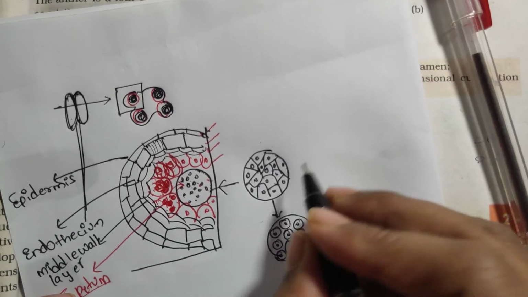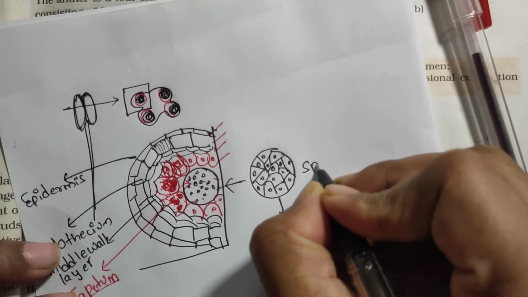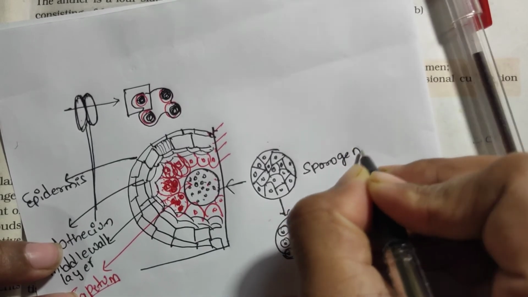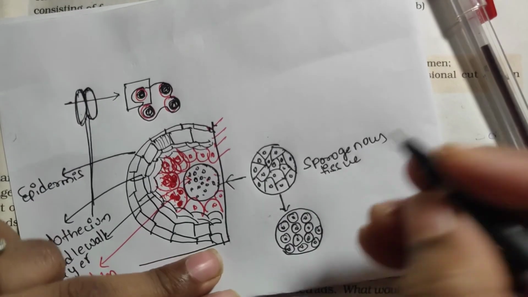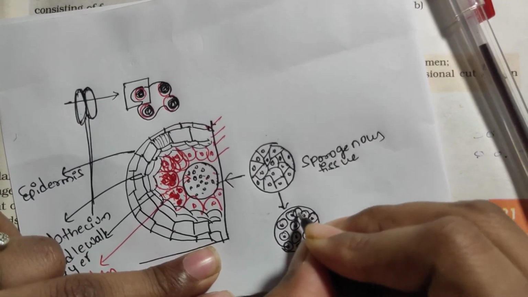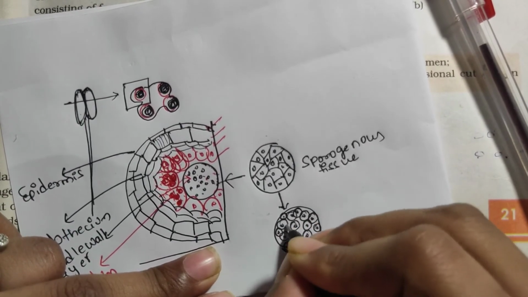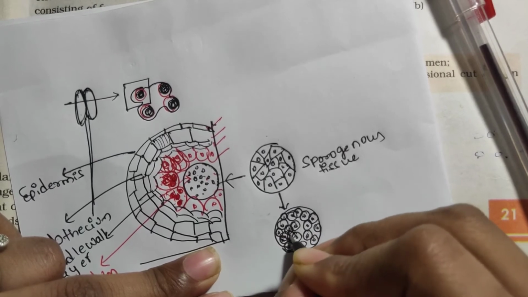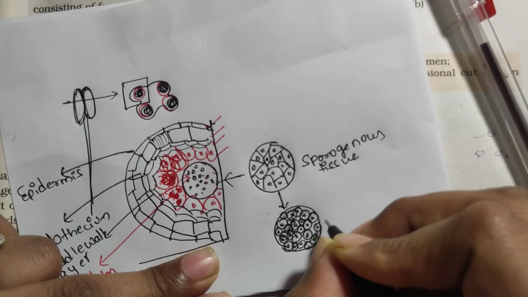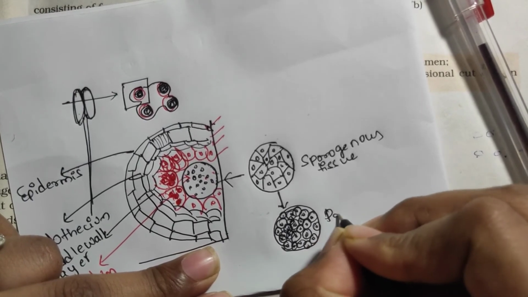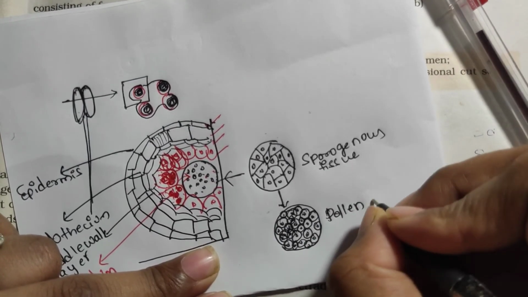Now we are going to call this the sporogenous tissue. At a little amount of maturity, we can see the globular appearance of these cells, and these are slightly compactly arranged cells. We are going to call them pollen mother cells or microspore mother cells.